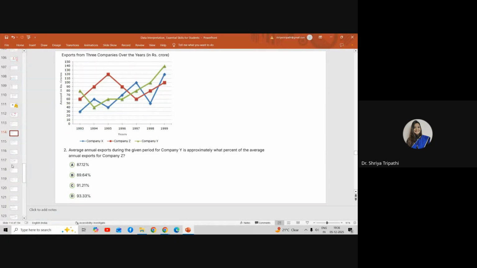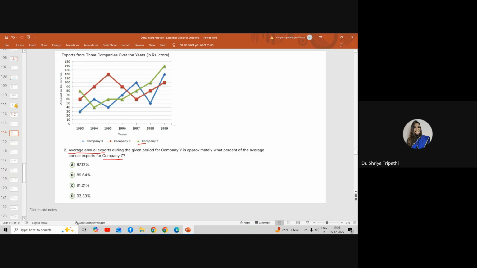Next question. Average annual exports during the given period for company Y, Y is in green color, is approximately what percentage of average annual exports of company Z. I repeat, average annual export during the given period, given period means all the period, right?